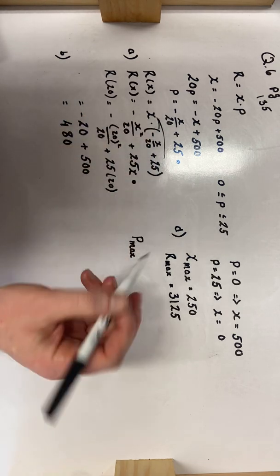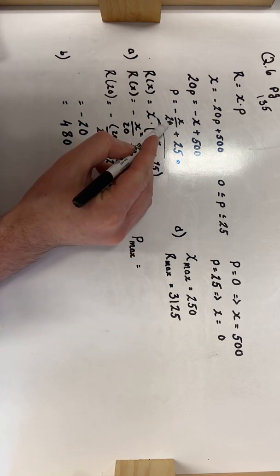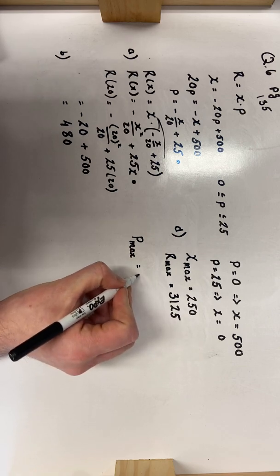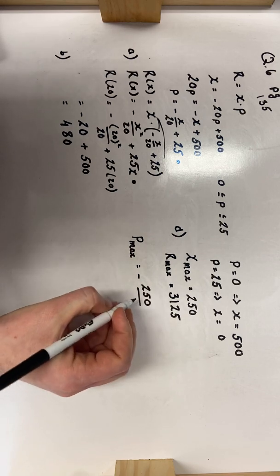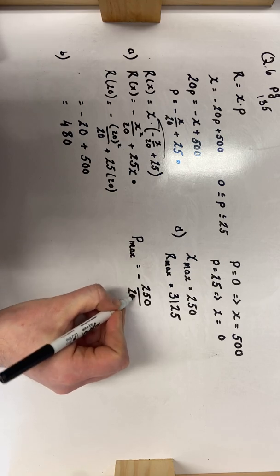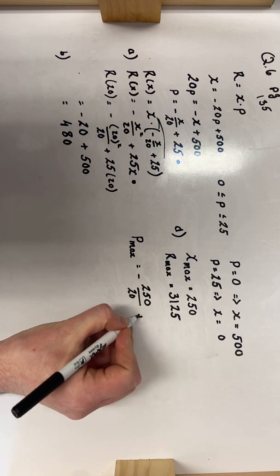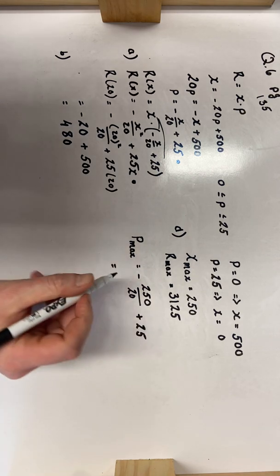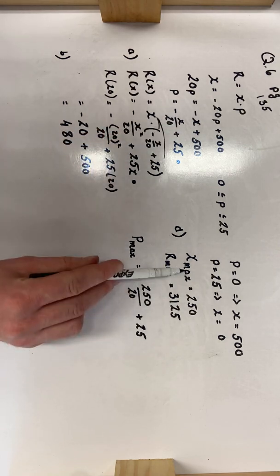And so P max is equal to negative X max over 20. Well, X max we have worked out is 250. So that is minus 250 divided by 20 plus 25. That is going to be my P max. I'm simply inputting in here for X, my X max value.